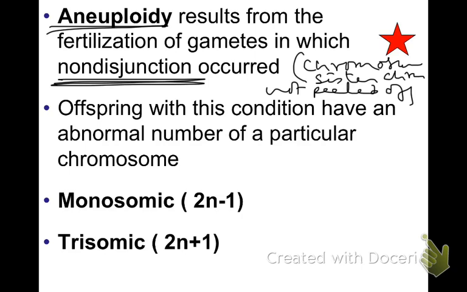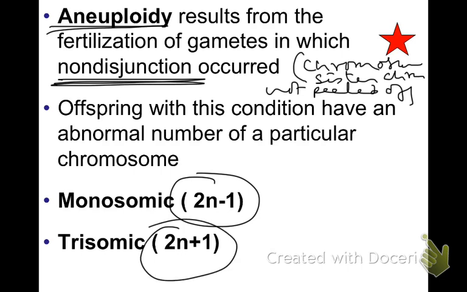So you might have monosomic, or 1 copy of a particular gene, or you might have trisomic, 3 copies of a particular gene. So you'll see what happens in different chromosomes, higher in number or lower in number.